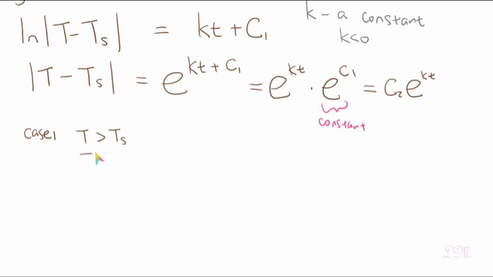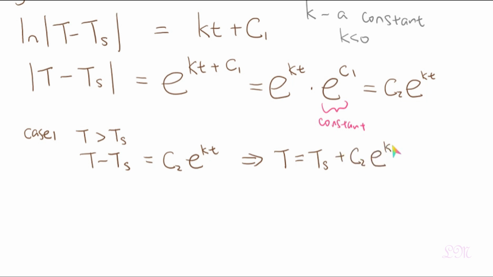Case 1, when the temperature of the object initially is greater than the temperature of the surroundings. So without the absolute value, T minus T sub s is just equal to c sub 2 times e to the kt. Solving for capital T gives us T equals T sub s plus c sub 2 e to the kt.